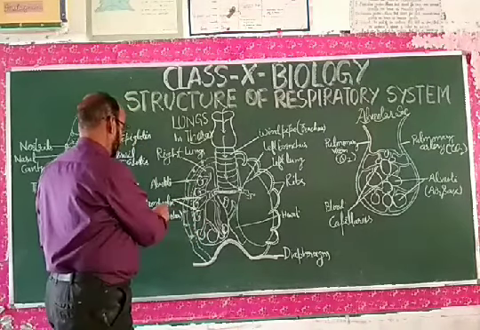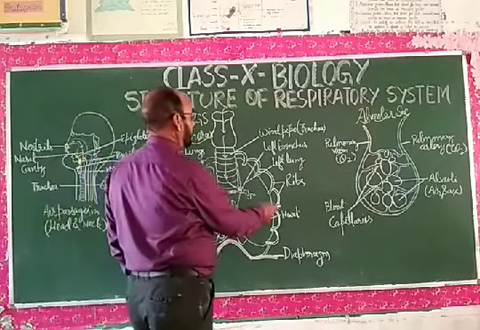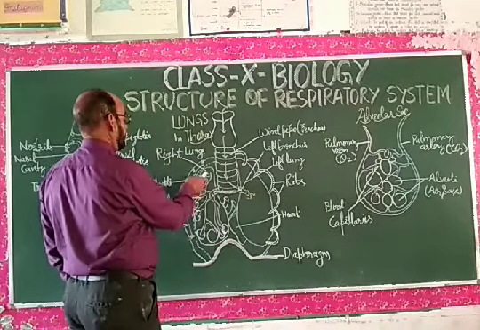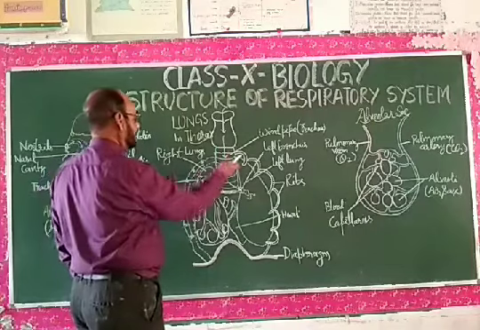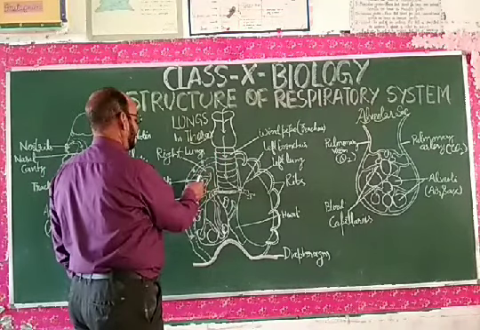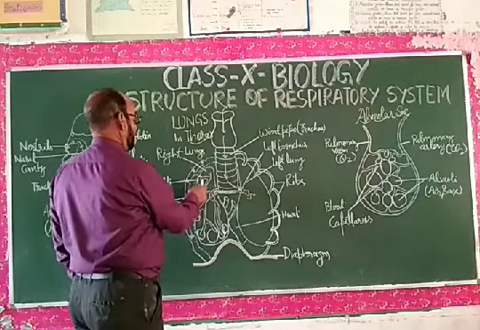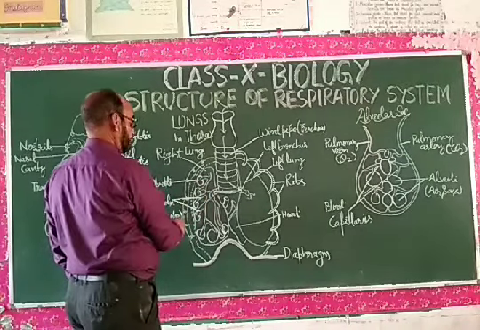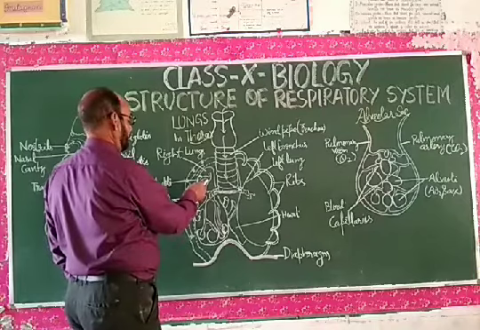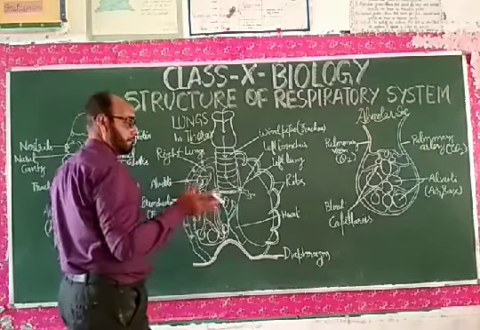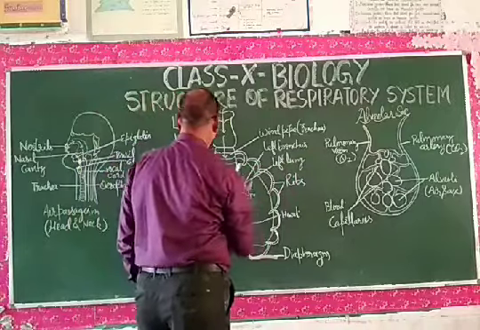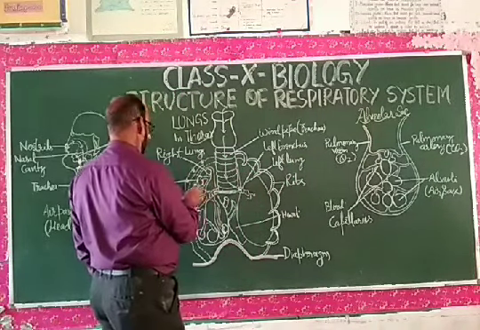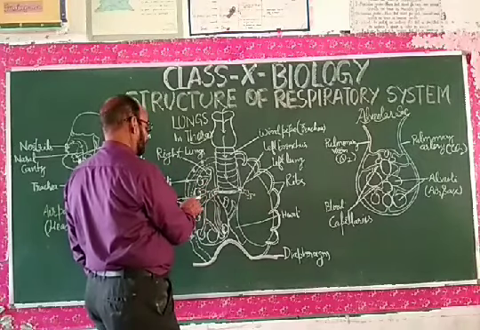These are the alveoli, the small air sacs in both lungs, the right lung and the left lung. These air sacs or alveoli are connected with the blood capillaries from the blood vascular system, as well as with the bronchioles.